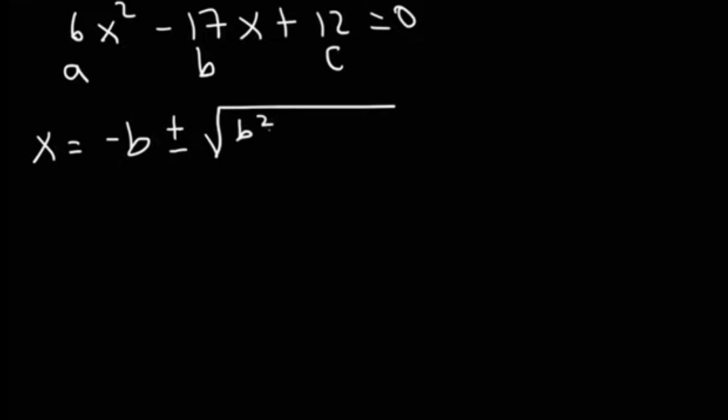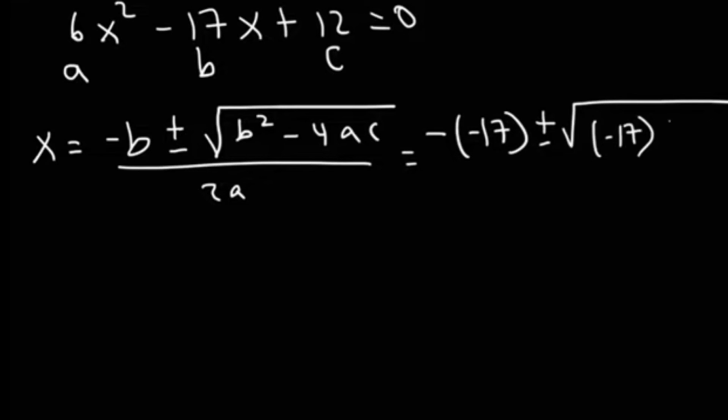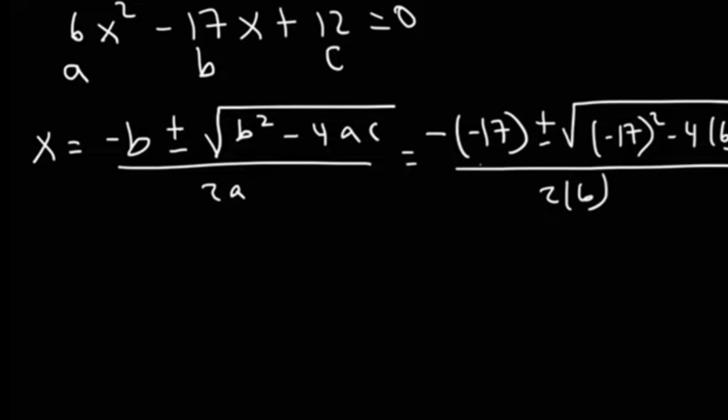b squared minus 4ac, all over 2a. B is negative 17, plus or minus the square root of b squared, which is negative 17 squared, minus 4 times a, which is 6, times c, which is 12, divided by 2a, which is 2 times 6.